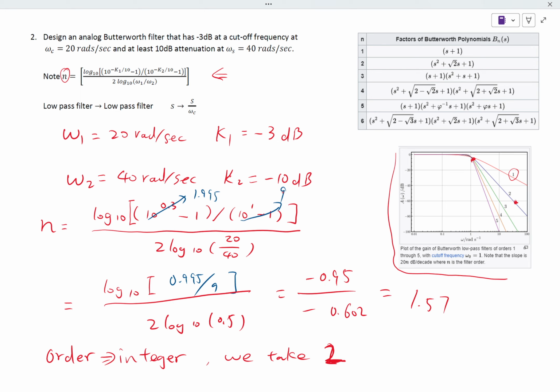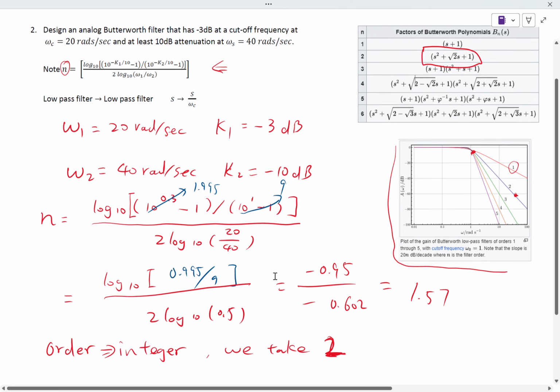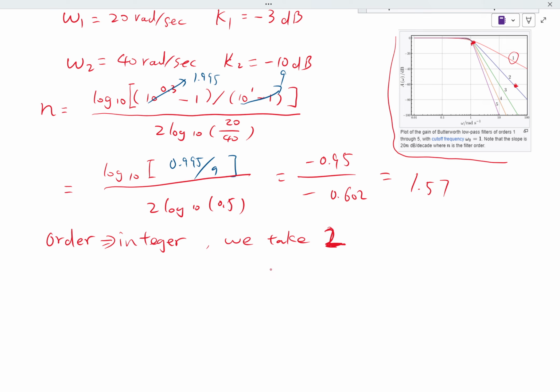It gives you enough attenuation at the stop band when it is not satisfactory otherwise. So we're going to choose this one as the denominator. Then you will have a prototype. It looks like this: H analog S equals 1 over S squared plus root 2 S plus 1. So this is the template, normalized.